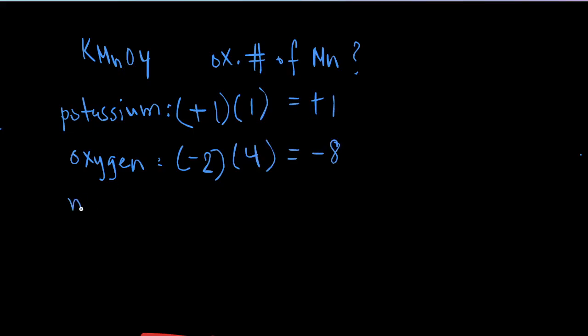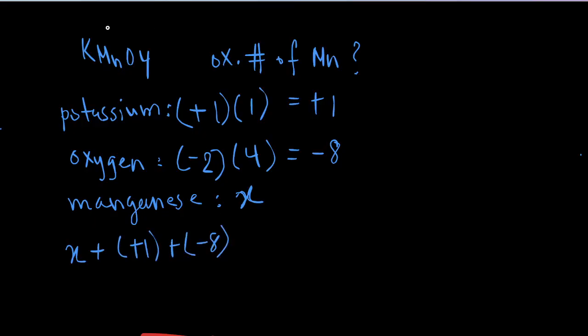And we must find now the oxidation number of manganese, which we can call X. Writing out our algebraic expression, we see X plus +1 plus -8. We'll see that KMnO4 is a neutral compound, so that's going to have to add up to 0.